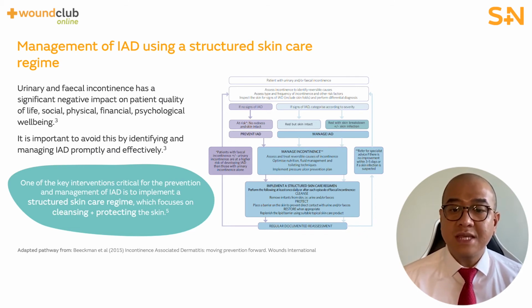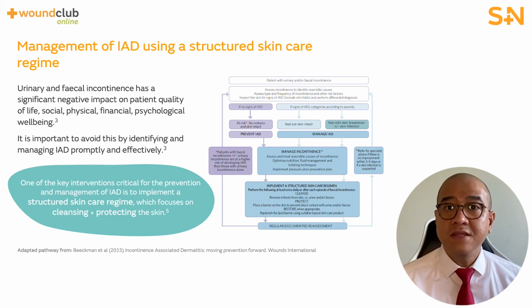A structured skincare regime consists of two key interventions: cleaning the skin to remove any sources of irritants which cause IAD, and protecting the skin to avoid or minimize exposure to bodily waste and friction. You can do this by using appropriate skin barrier cream.